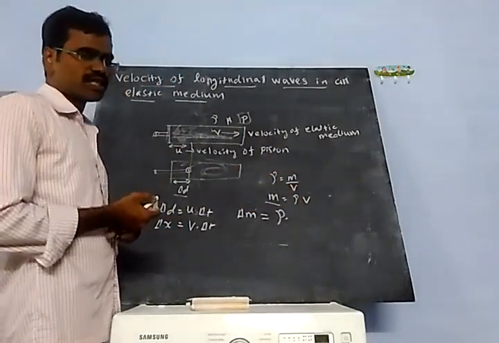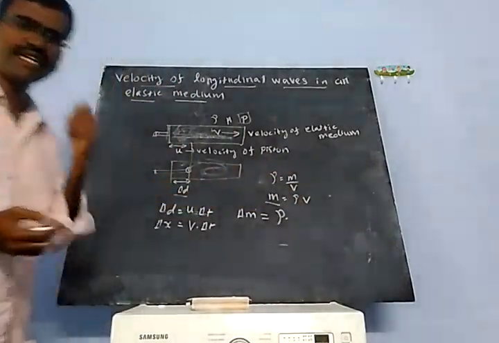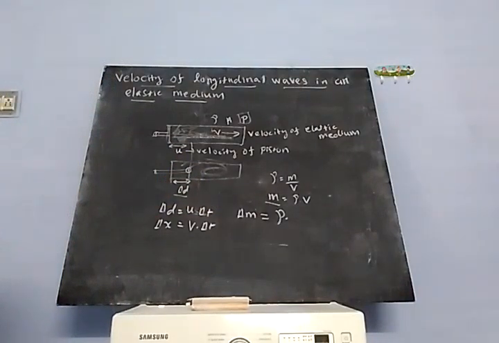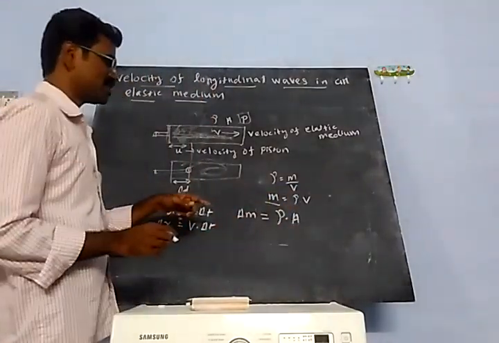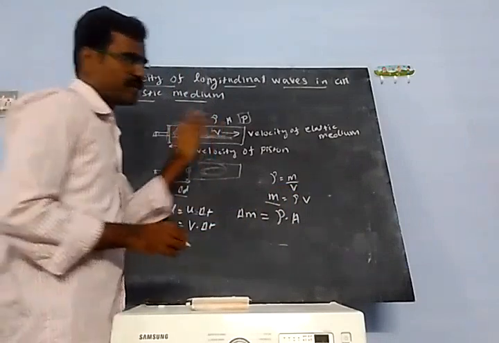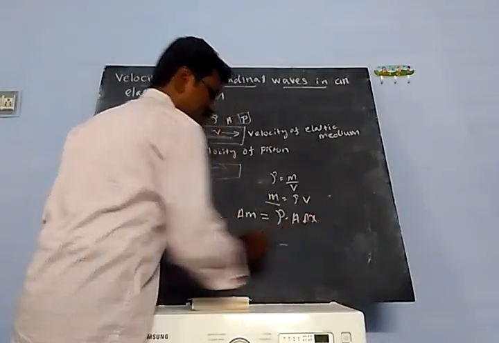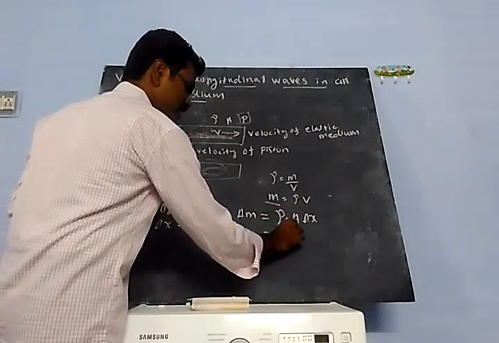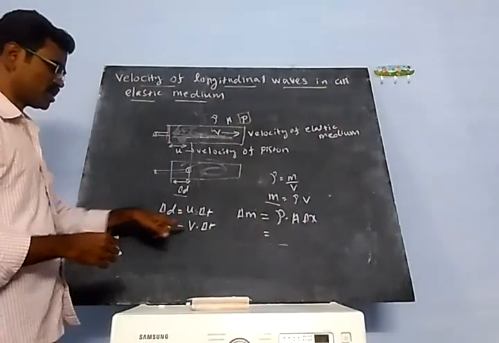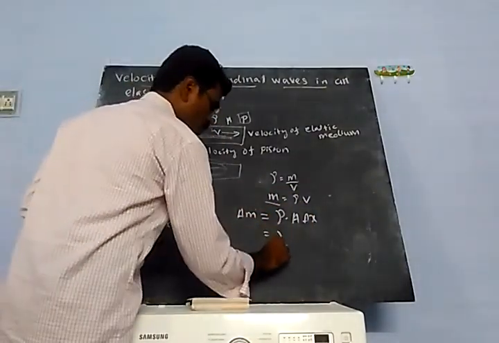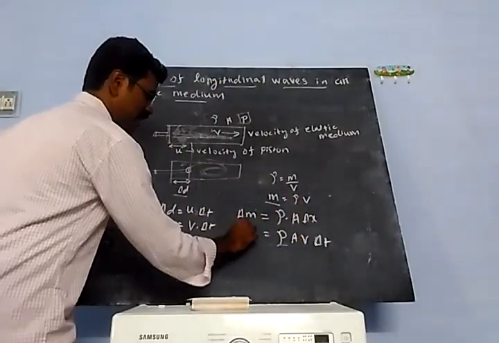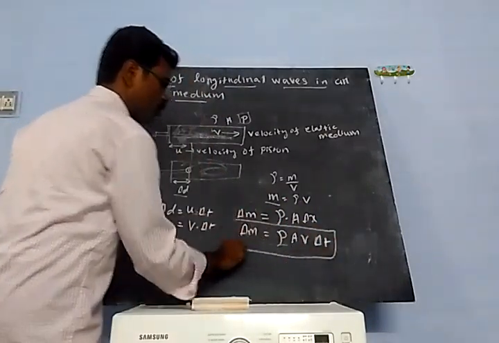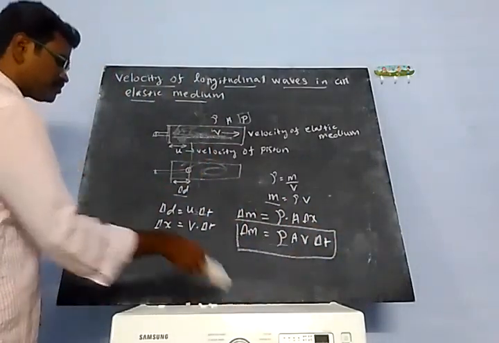Volume is area into distance, so area A into del x. Del x is V into del t. So del m is equal to rho A V into del t.